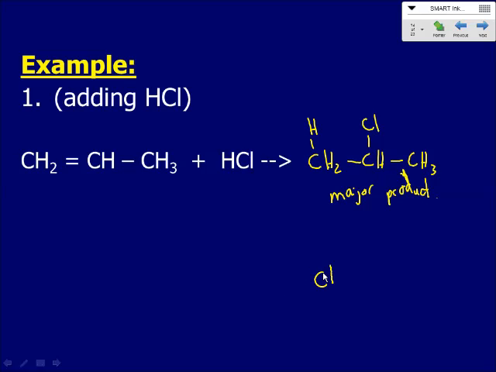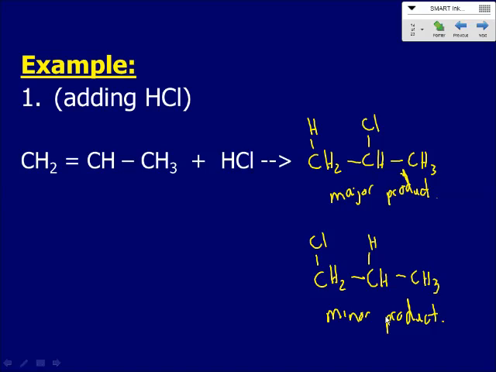Let's write out what would happen if it went against Markovnikov's rule. Cl, CH with the H, and CH3. This is what we would call the minor product. And throughout this book, actually, I could look up this reaction and I could tell you what the percentages are.